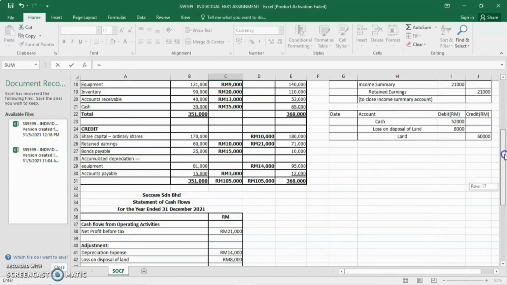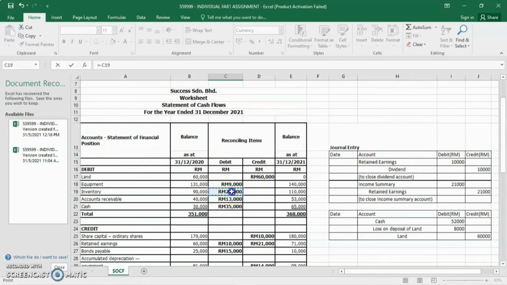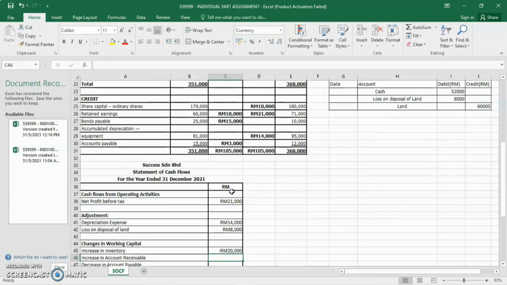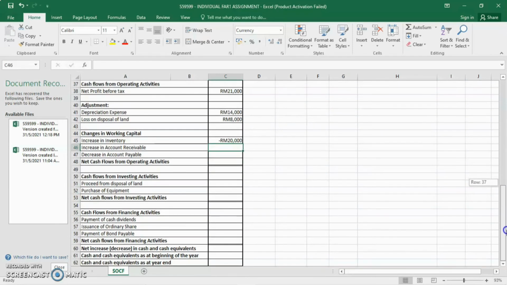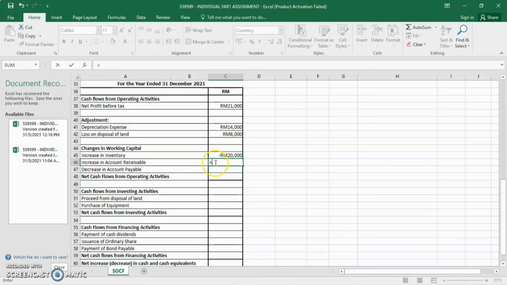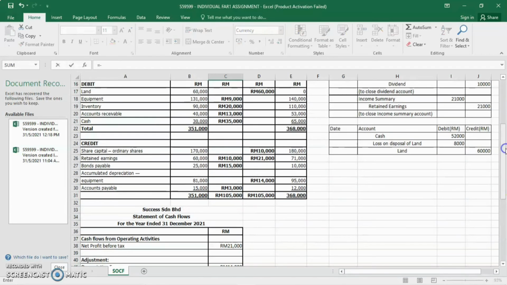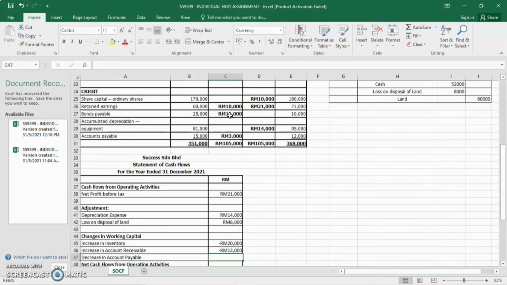Increase in inventory, we must minus 20,000 because when inventory increase, so cost of merchandise purchase is also increased. So cash outflow, we need to minus it. Increase in account receivable, we should minus 13,000 because when account receivable increase, so cash received less than revenue.